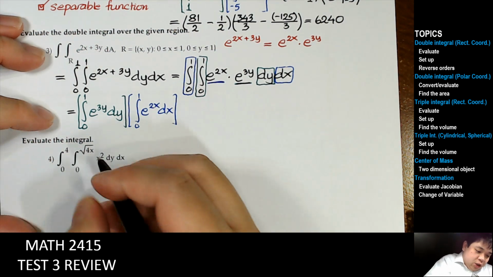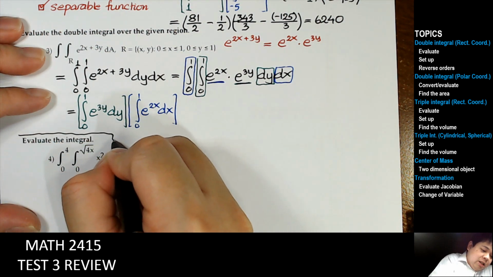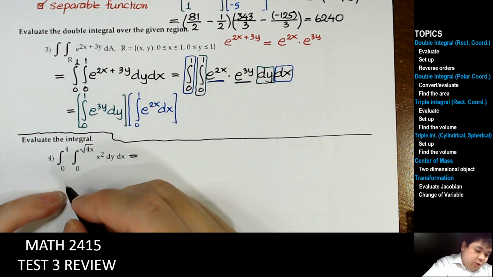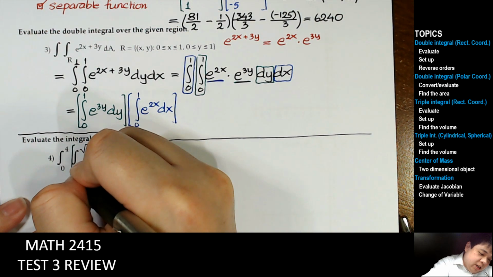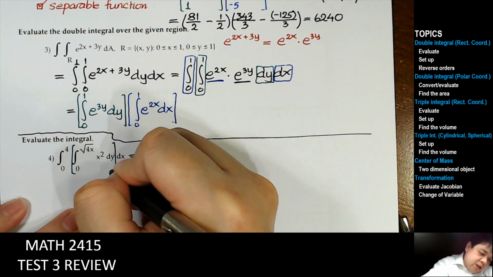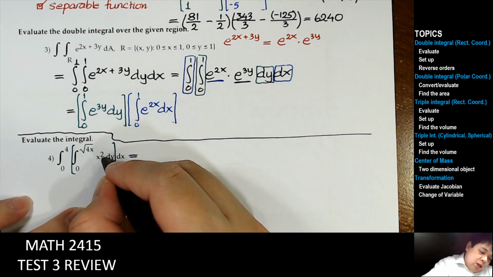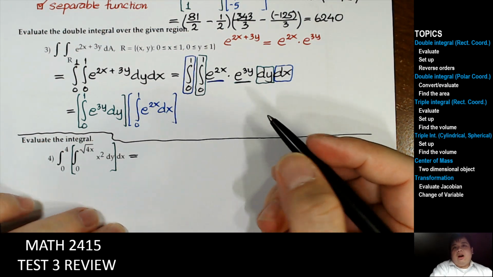Right. So we just have to do it like the regular integral. So first we have dy inside. So those limits are for y. Right. So with respect to y, x is a constant, x squared is a constant.